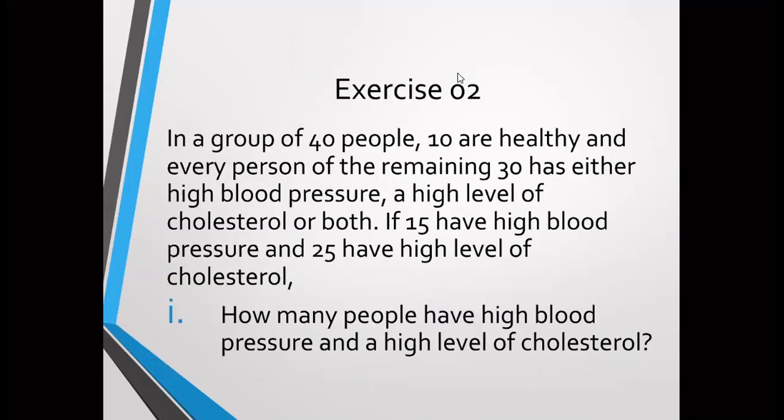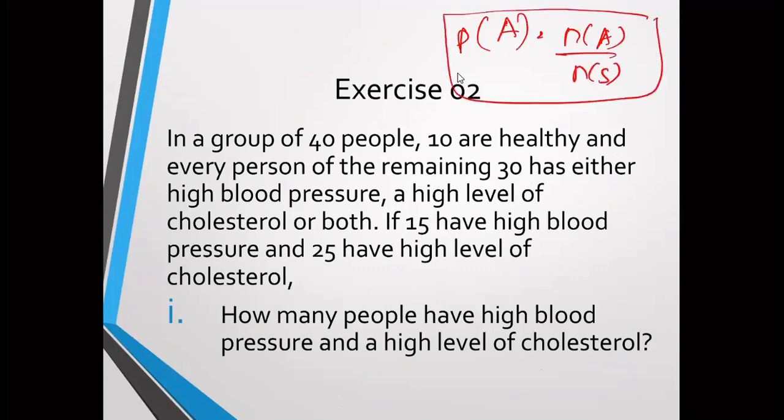I told you, if we have an event A and we want to find the probability of A, that can be written as N(A) over N(S). This is the rule, this is how we calculate the probability of an event. In the previous case, A and A dash are mutually exclusive events. Therefore, we can write the probability of A union A dash as P(A) plus P(A dash).